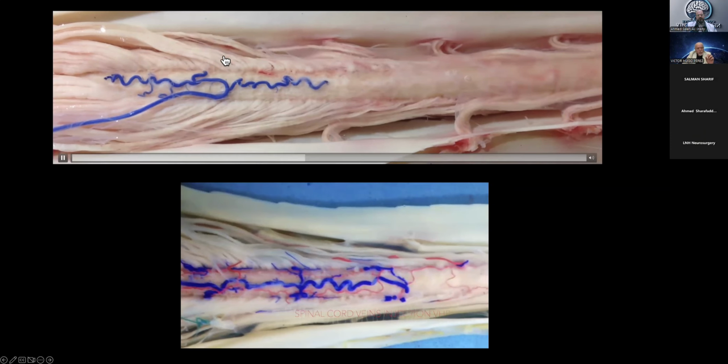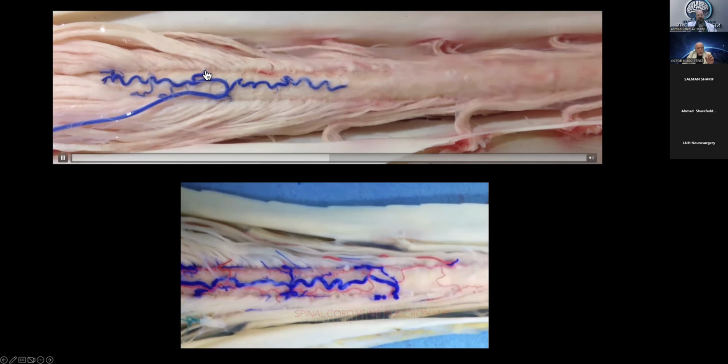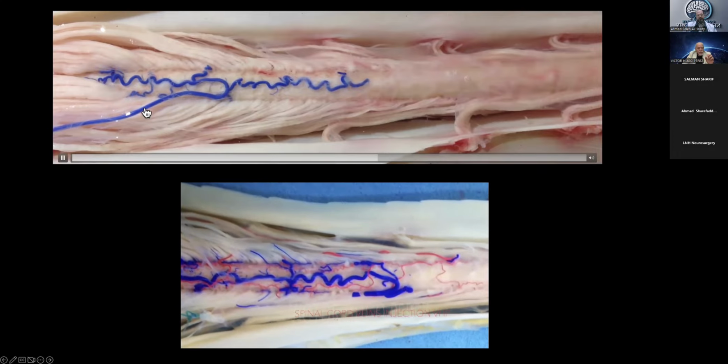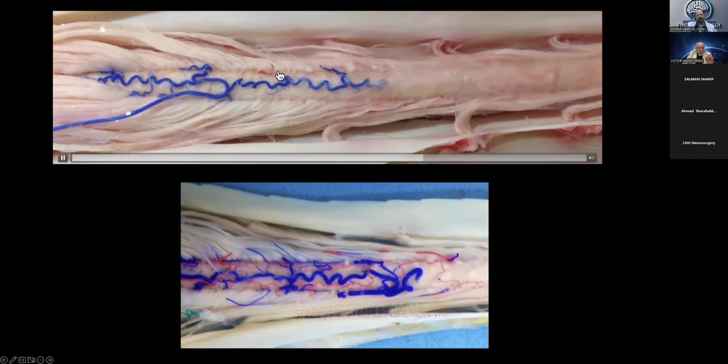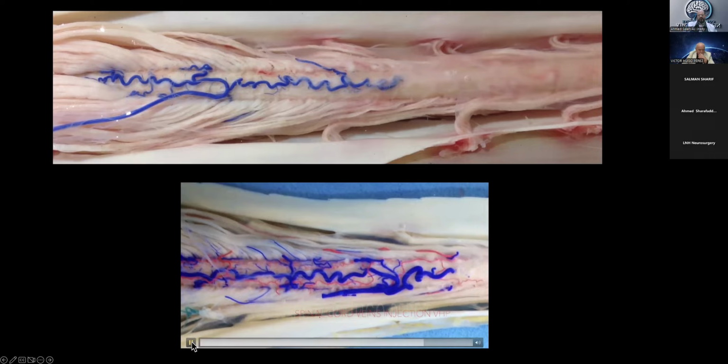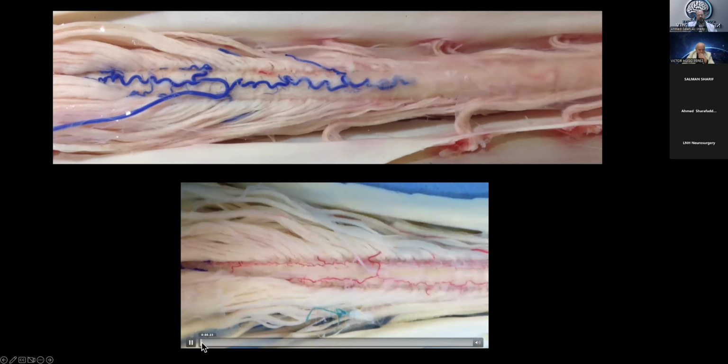For example, in here, this one, the most important, and also this and this. But what happened in the inferior view? Look.